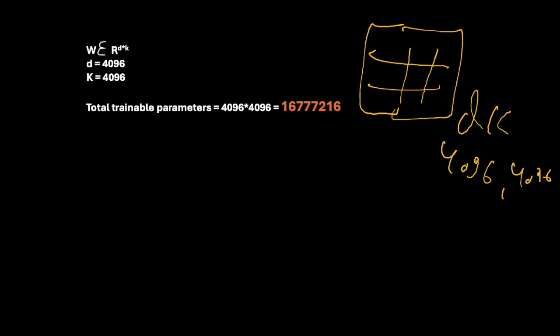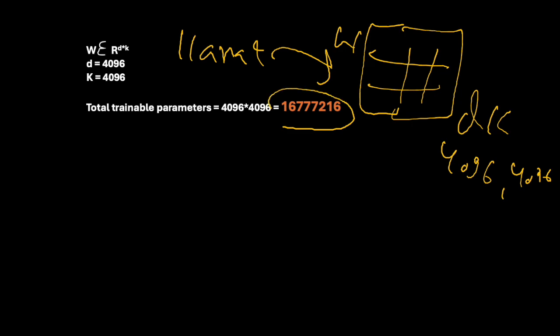So this is the actual LLM model matrix. I am using llama 2 here, and this is the weight matrix of llama 2, the whole model. If I am going to modify all the weights inside this, the total trainable parameters I am having here is approximately 16 million.